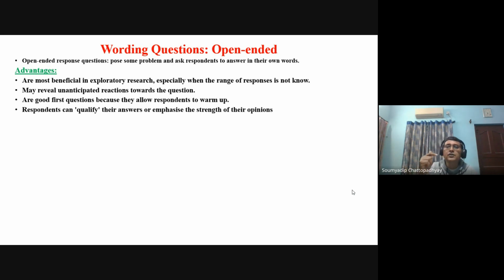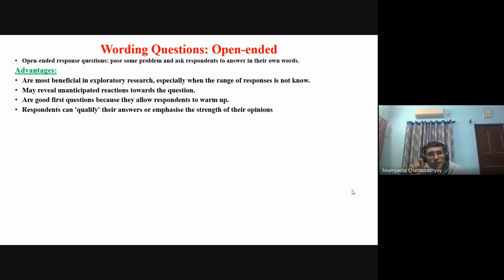Because if you make the questions close-ended, then you are making the respondents answer only within the choices provided. But when your questions are open-ended, there is a possibility that the respondents may reveal some unanticipated reaction toward the questions, which will provide some useful insights for your research problem.